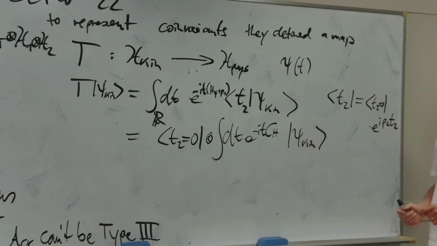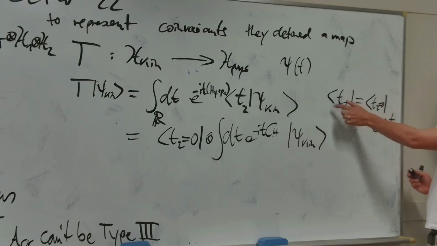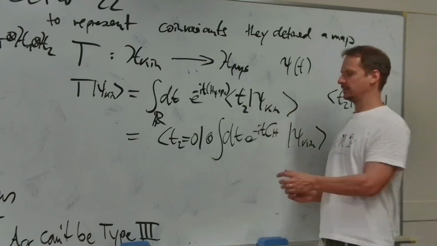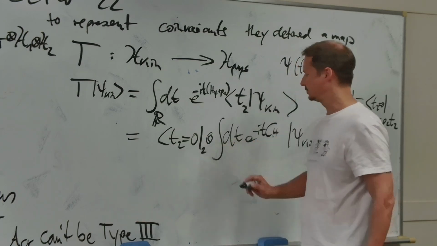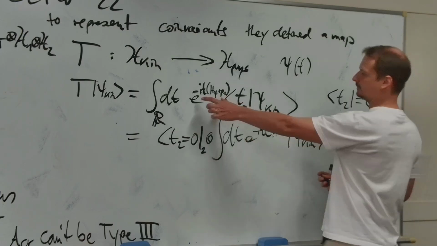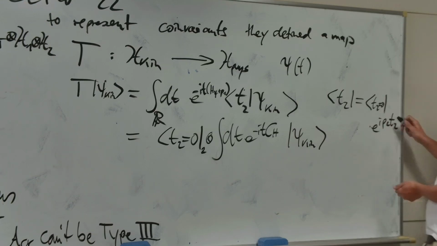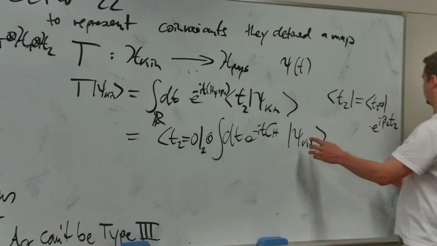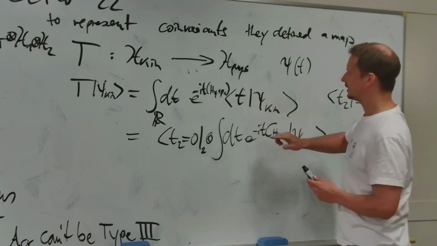Is that clear? So I'm just using the covariance of the clock states here to pull out the t equals 0 state for the second clock. So it's for 2. And then here I combine this factor. So this here is an operator, this not. Sorry, I'm making a mistake here.